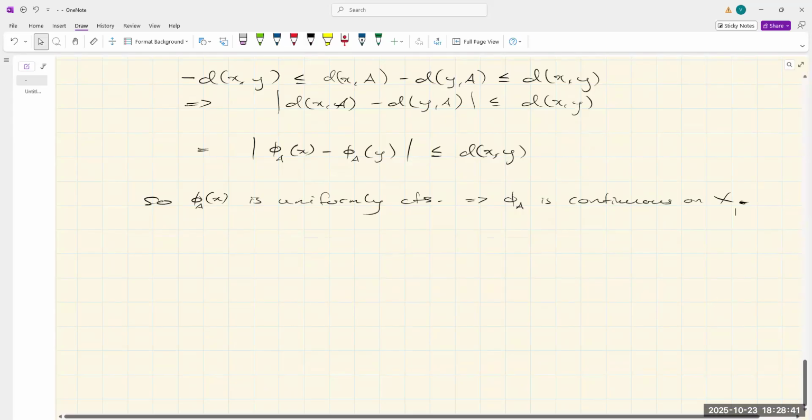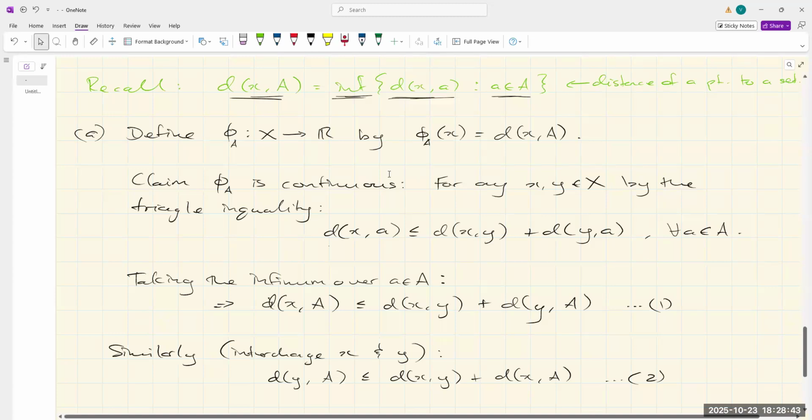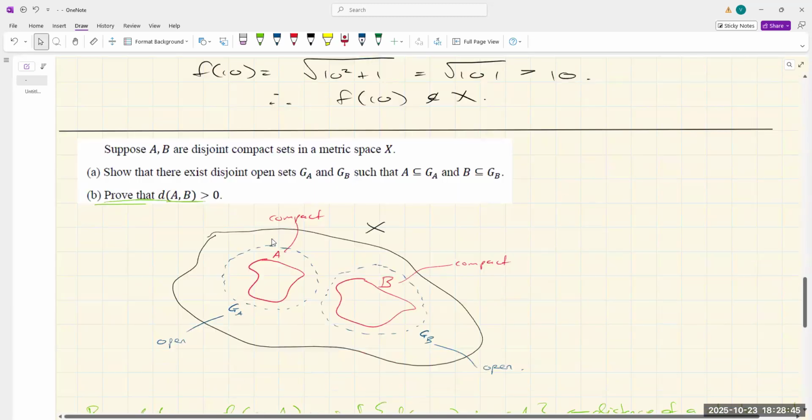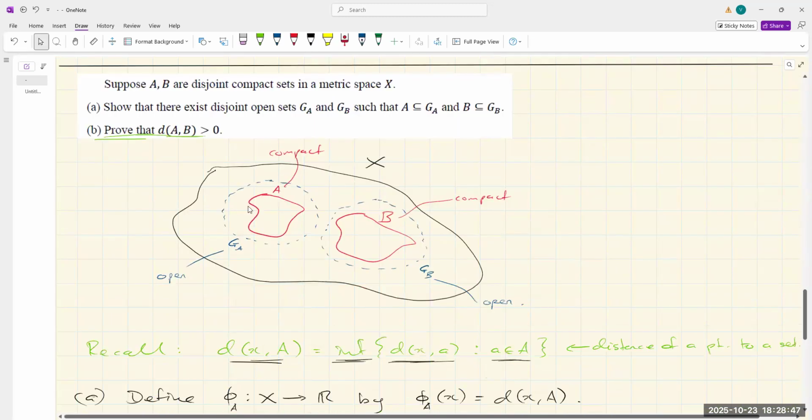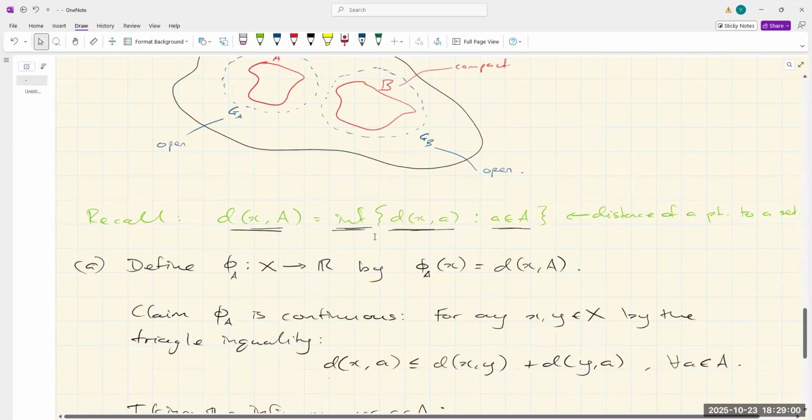Now we could go on to the main part of the proof, which was how, if you give me two disjoint compact sets A and B, how do I construct an open set containing A and an open set containing B, such that these open sets are also disjoint?